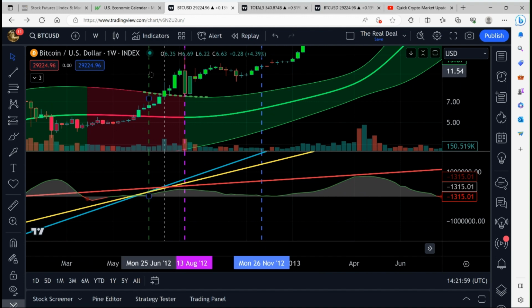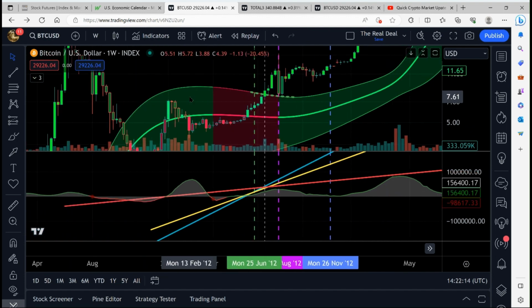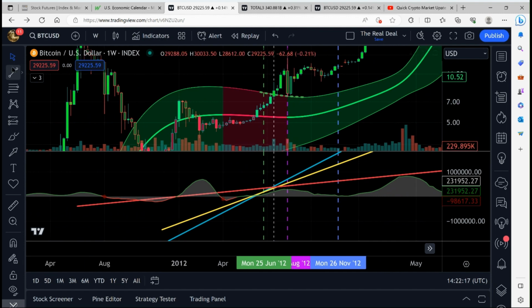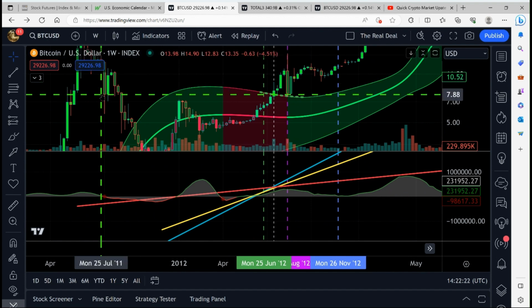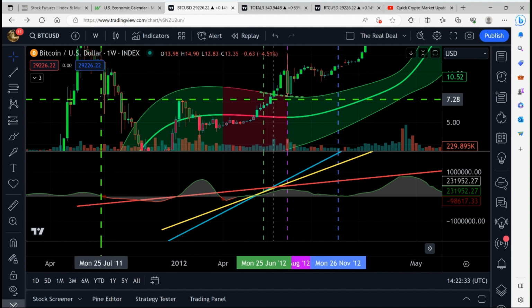I'll get back to the green line in a second, but since I did state that we retested the top of the weekly Gaussian channel, that just happens to coincide with what we're actually doing, which is retesting previous support back here from our previous bull run period.